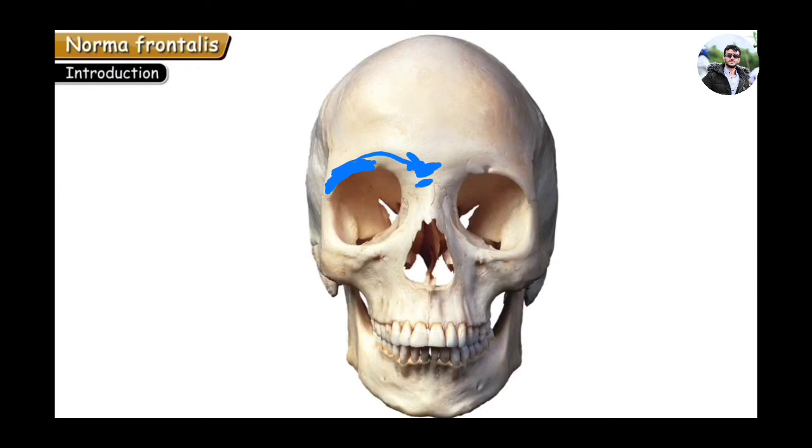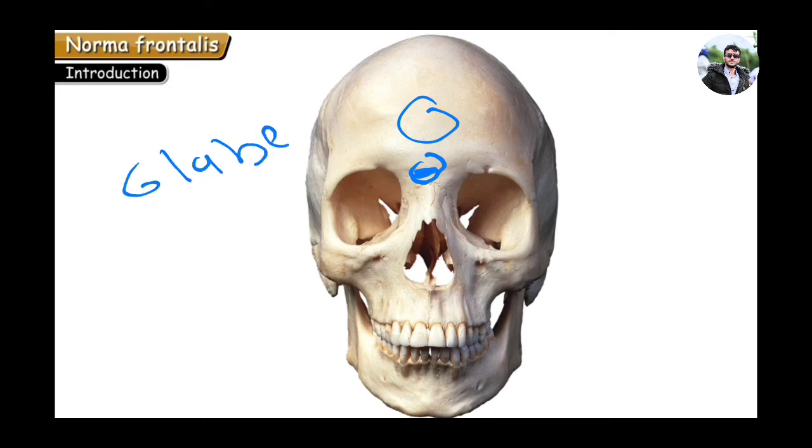This is the root of the nose. So here is a projection in the frontal bone called the glabella.